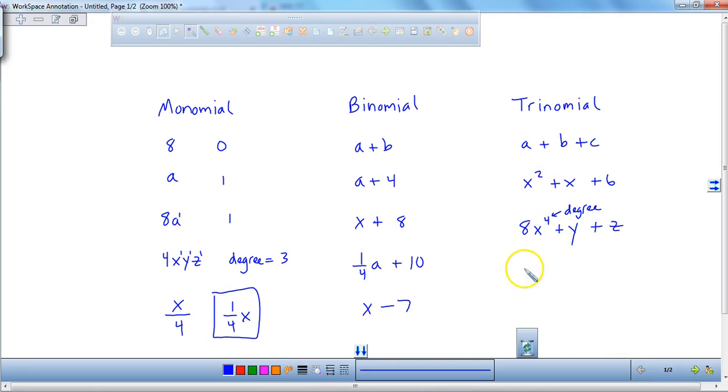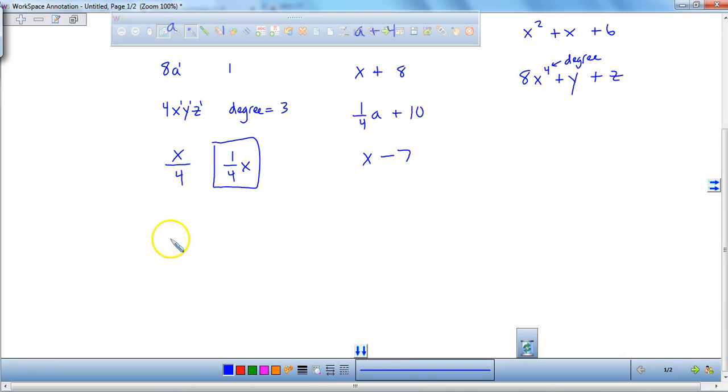So let's give me a quick little example here. Alright, so if I said 4x squared y to the power of 4 z to the power of 3, what would be the degree of this particular monomial? You'd say 2 plus 4 plus 3, and you'd say the degree is a 9. We have a degree of 9. But if I said 4x squared y to the power of 4 z cubed plus z squared, what would be the degree?